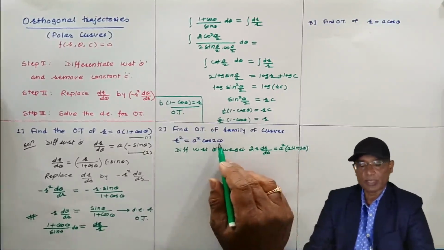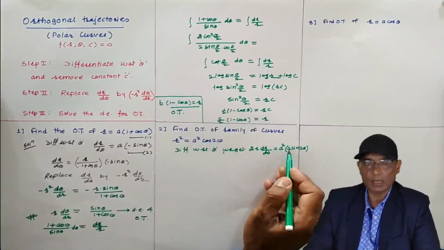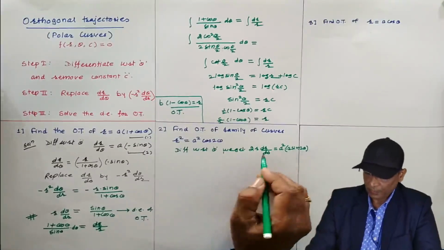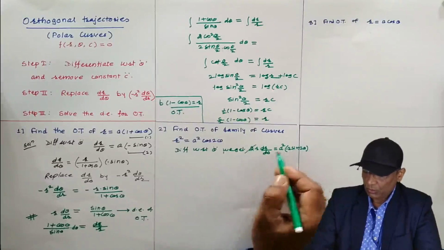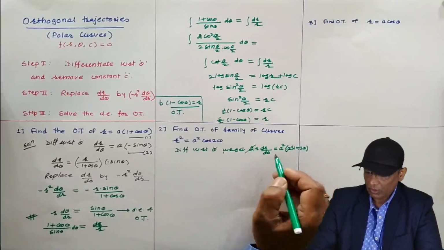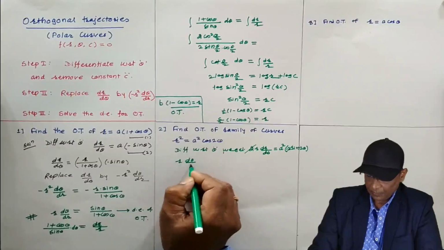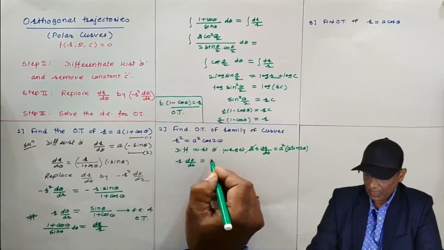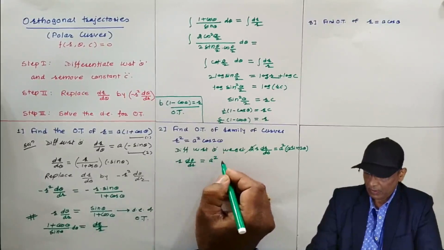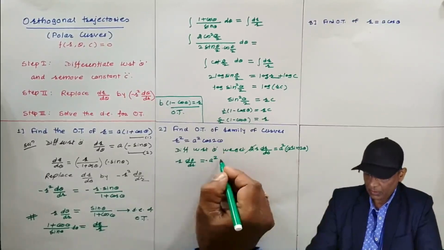The derivative of cos 2 theta is minus sine 2 theta and the derivative of 2 theta is 2. Then this 2 has been removed. Then what is remaining? r d theta by dr equals a square with minus sign, sine 2 theta.